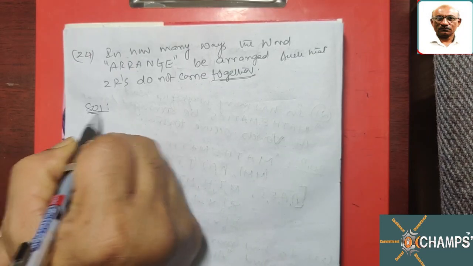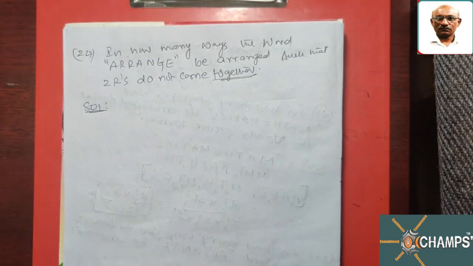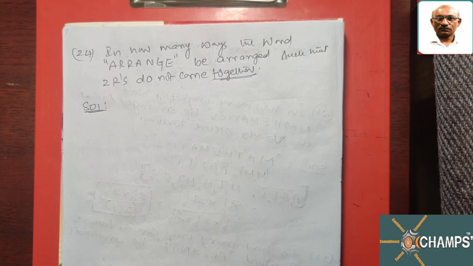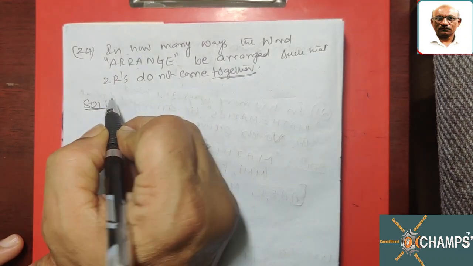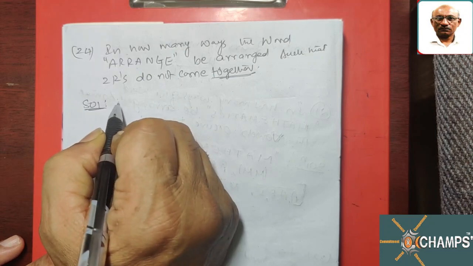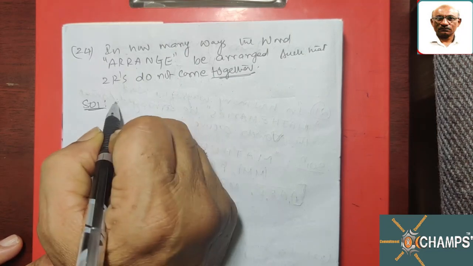Solution. When two particular objects do not come together, follow this method. What is that, sir?